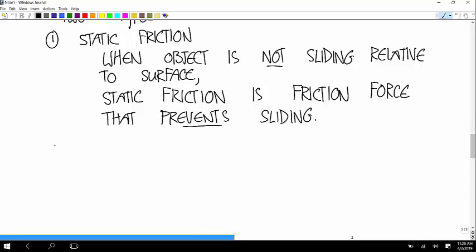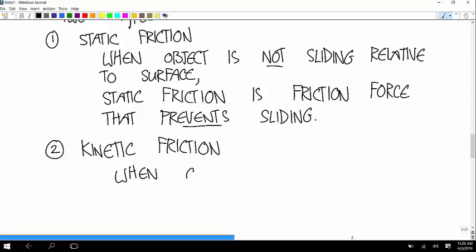The second type of friction is kinetic friction. Kinetic friction acts when an object is sliding relative to the surface.